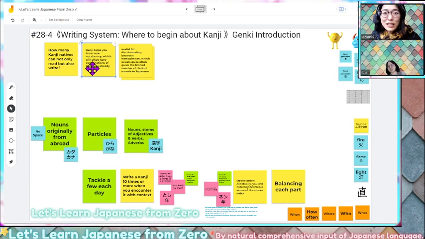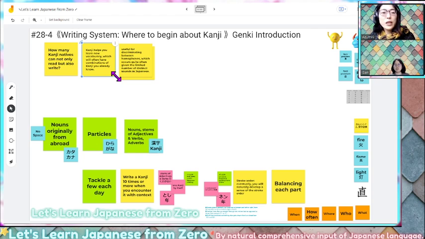Okay, so kanji helps us. As I said earlier, it's so visibly distinctive that it helps us read a sentence and grasp the meaning. And not only that, kanji also helps you learn new vocabulary, which will often be a combination of kanji you already know.